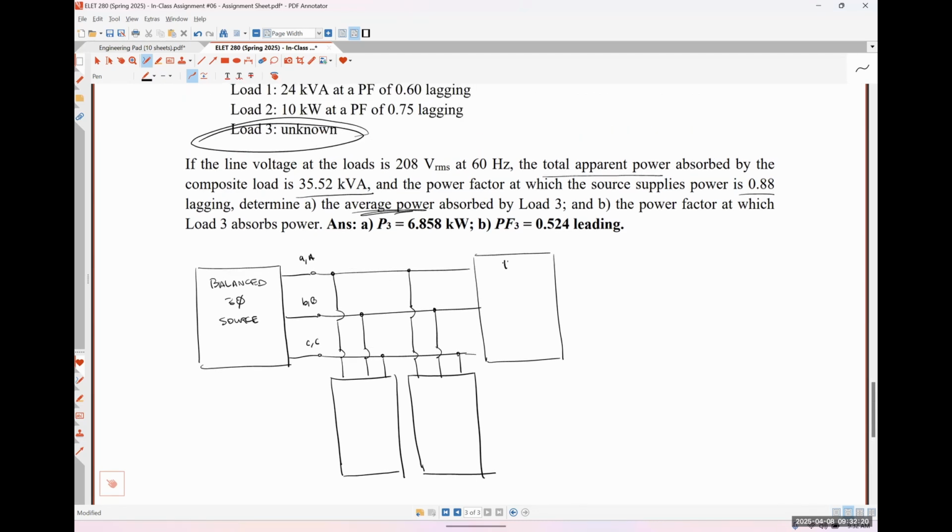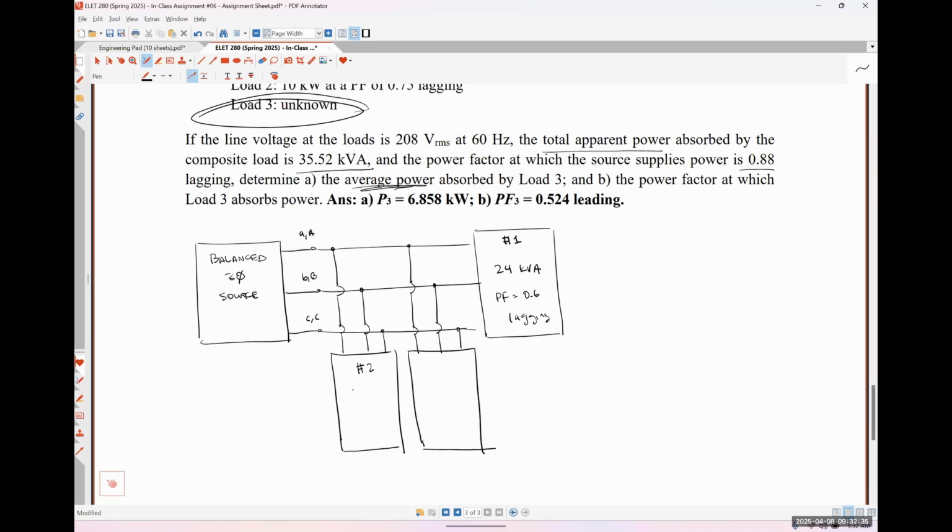So load number 1, we have 24 kVA, power factor of 0.6 lagging. Number 2, we have 10 kilowatts at a power factor of 0.75 lagging. Number 3, we have P3 is equal to question mark and PF3 is equal to question mark because that's what we're ultimately trying to find.